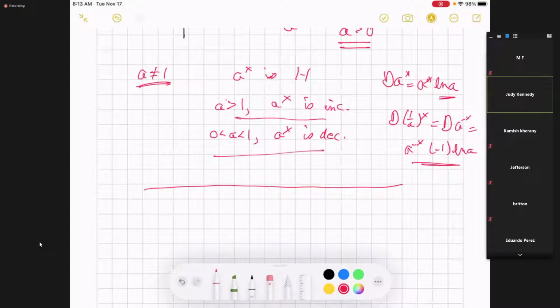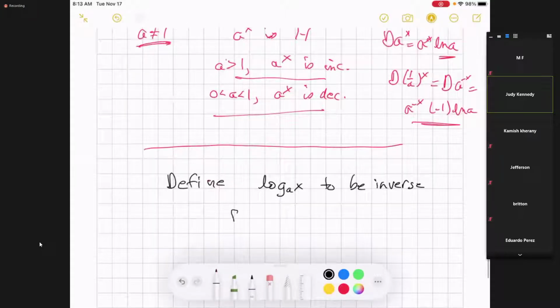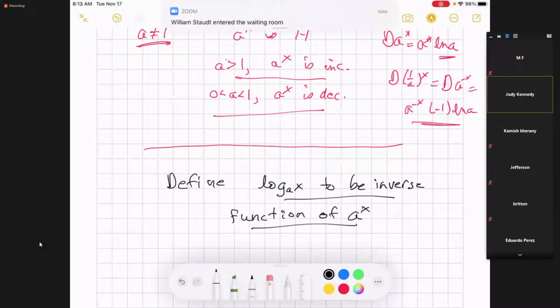Okay, so we're going to define the log base a of x to be the inverse function of a to the x. Okay, so what does that mean?